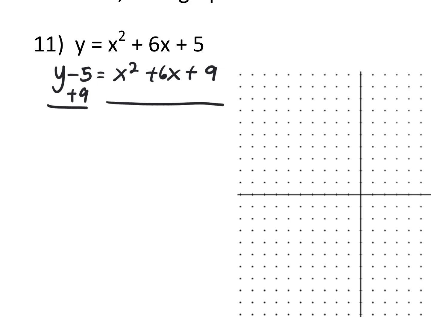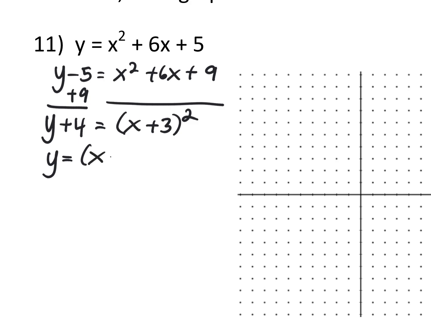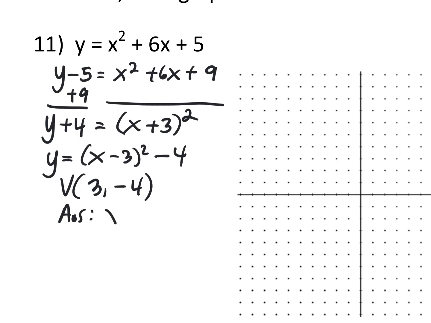On the left side, you're going to have y minus 5 plus 9, which gives you y plus 4. And if I'm going to factor this out, it's going to be x plus 3 squared. Getting the positive 4 to the other side, that's going to give me y = (x + 3) squared minus 4. So my vertex is located at -3, -4. My axis of symmetry is x is equal to -3.